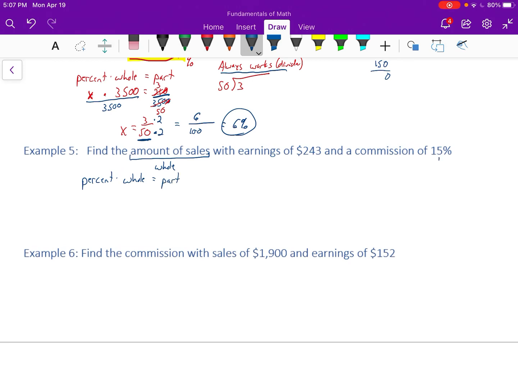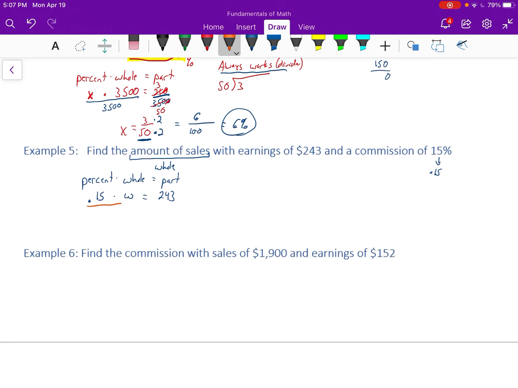What is the percent? It is 15%, which we write as 0.15 because we have the decimal over twice. 0.15. We want to find the whole. That's our total sales, or a W for whole. And the earnings is the part, so 243.